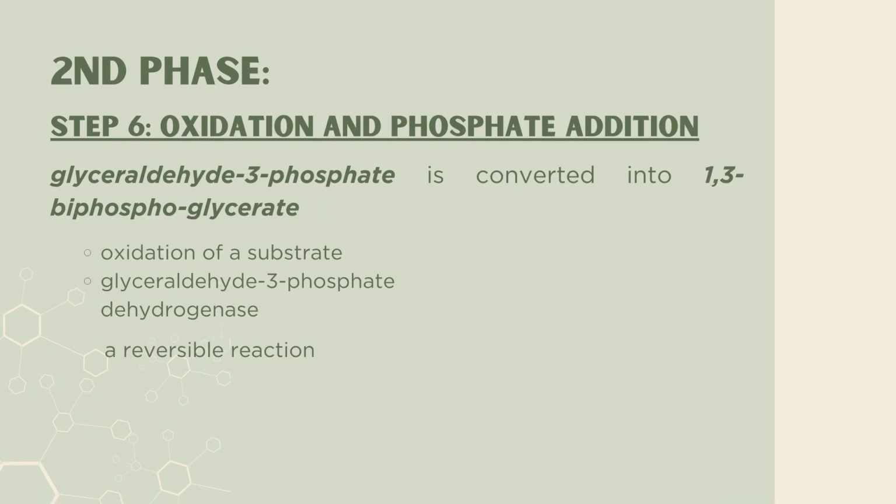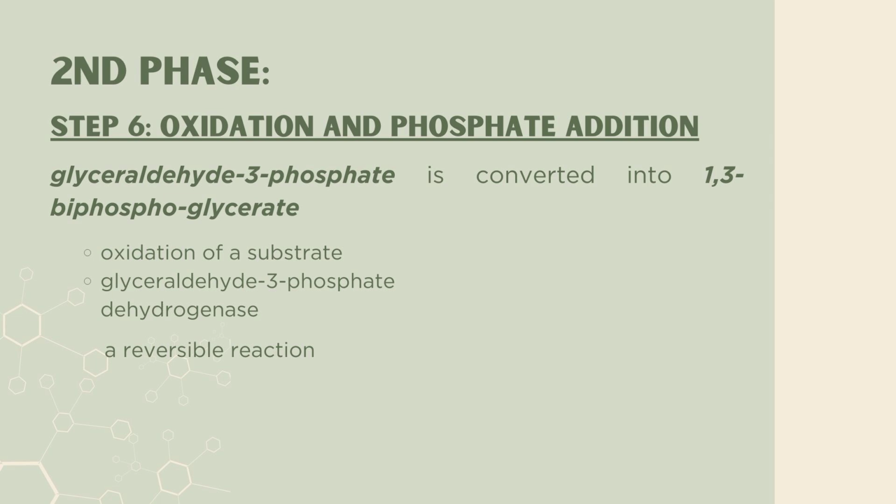Step 6 is the beginning of the payoff phase. This is a reversible reaction. It has glyceraldehyde 3-phosphate on the reactant side, and on the product side of the reaction, 2 phosphate groups are attached. Thus, the product of the reaction is 1,3-bisphosphoglycerate through the conversion of NAD plus into NADH, with an H plus ion produced through a reduction reaction with the enzyme glyceraldehyde 3-phosphate dehydrogenase, as it oxidizes a substrate by removing hydrogen and at the same time reduces NAD plus to NADH.